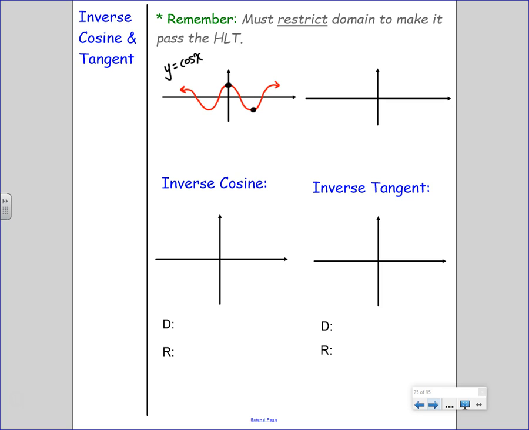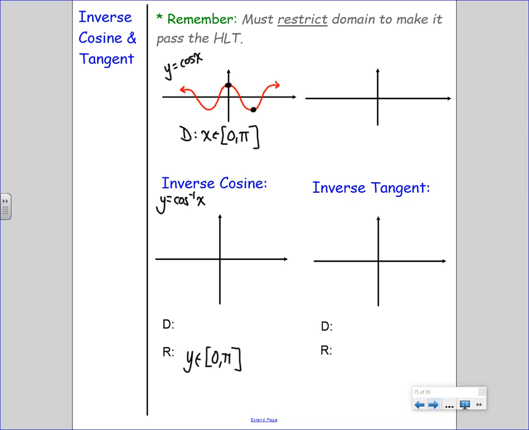We have to start at 0 and go to pi. Think kind of like the vertical asymptotes for secant. For cosine, we're going to do a domain restriction, which is going to translate into a range restriction for the inverse. Does that make sense? What was the domain is now the range when we're talking about the inverse.